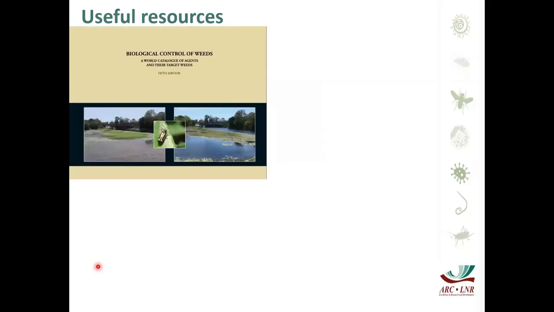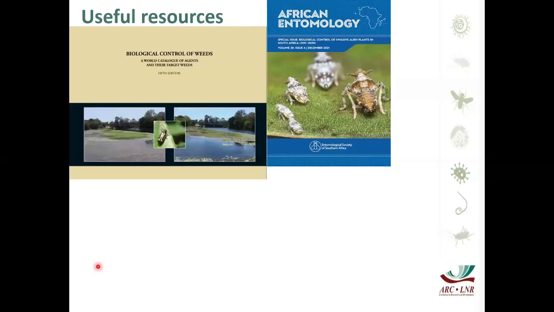Just to draw your attention, there are many resources. Obviously, there are numerous published papers in scientific peer-reviewed journals, but there's also a world catalogue of target plants and the associated biological control agents, and that's a global compendium that's updated on a regular basis.